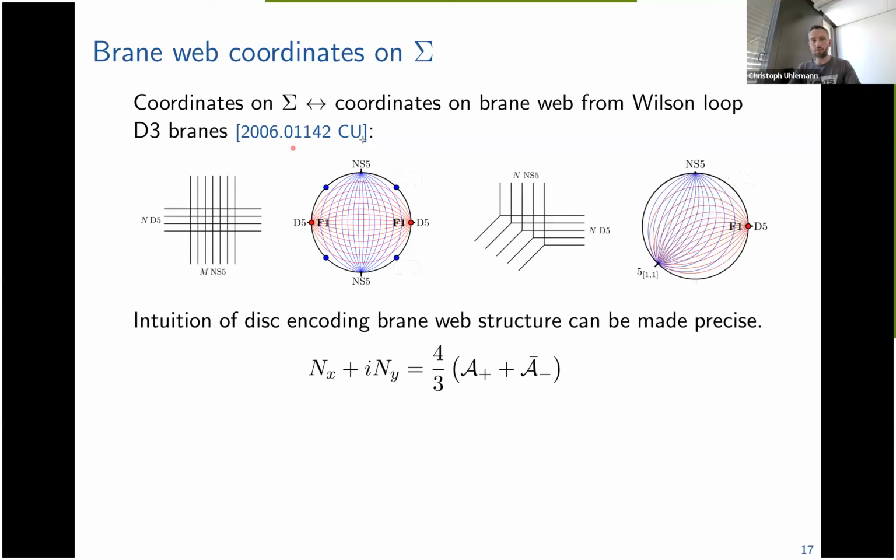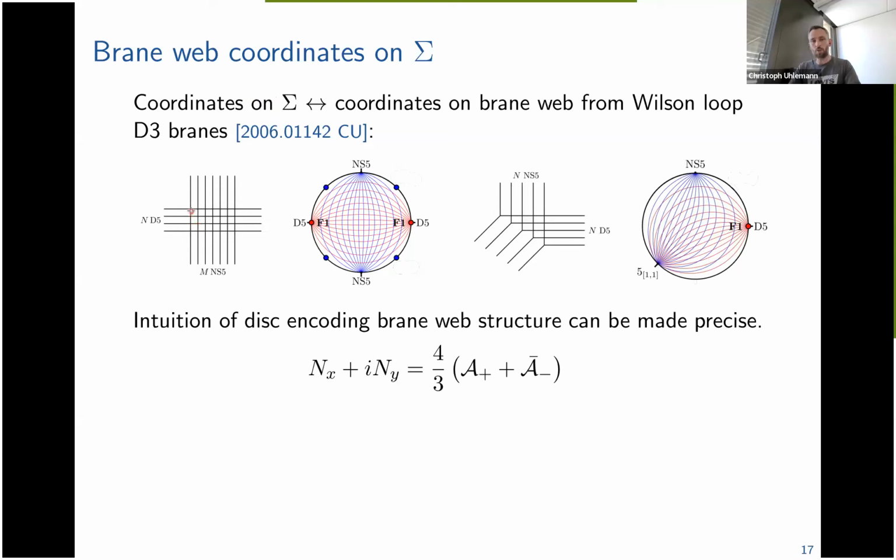This goes back to studying Wilson loops in the 5-brane webs and in the holographic duals and connecting the two pictures through localization calculations. At the end of the day, what you find is that there is a coordinate system on the Riemann surface which has a sharp meaning in the brane web, which is associated to a given solution.